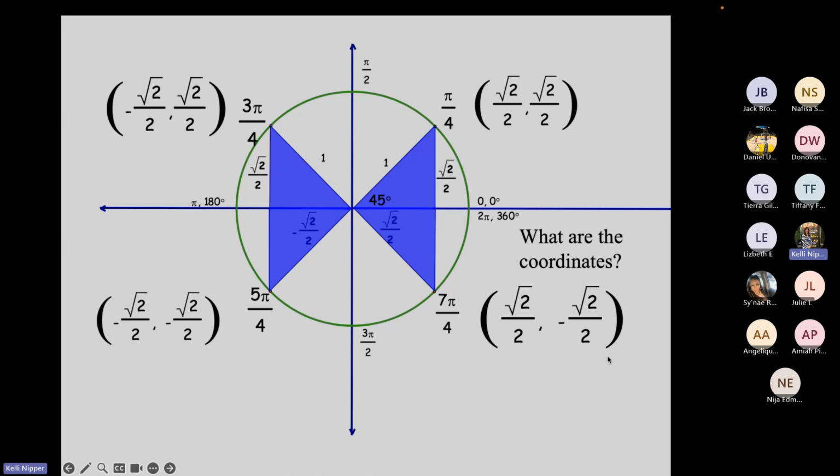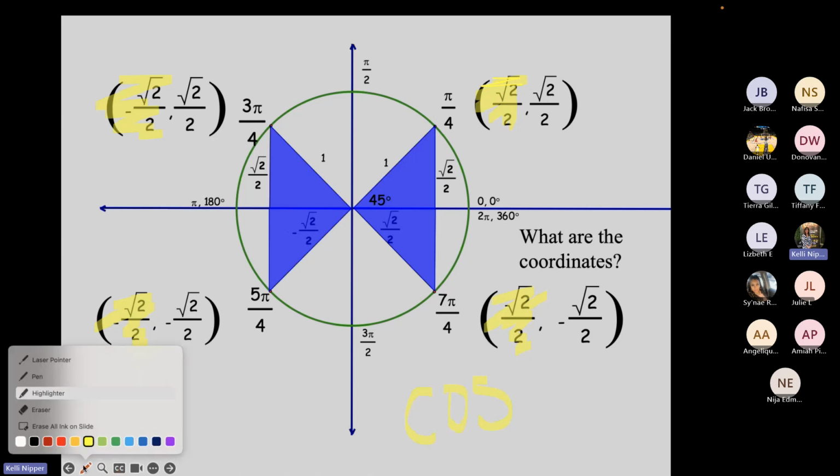So what this means is, since we said that the x coordinates were the same thing as the cosine coordinates, that means that as we look at this, cosine is positive in quadrant 1, negative in quadrant 2, negative in quadrant 3, and positive in quadrant 4, okay?